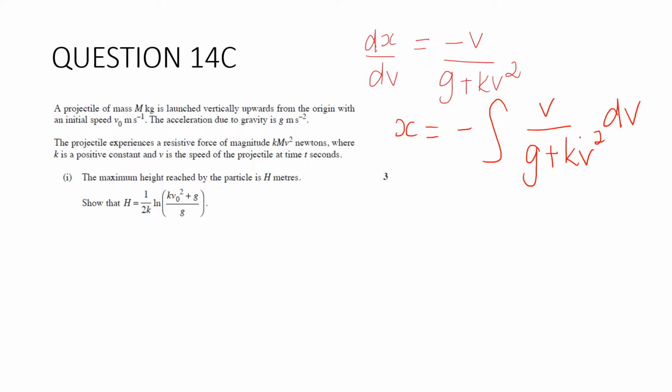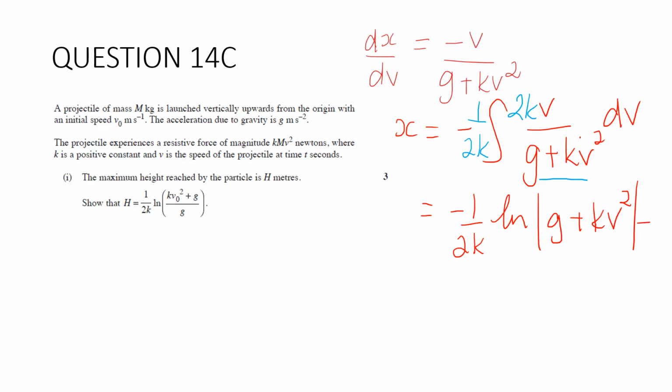All right, we've got a log here, base e, and we have the reverse chain rule. When we find the derivative of this, we get 2kv, so I'm going to need 2kv on the numerator. Let's adjust it with 1 over 2k out the front. That is equal to negative 1 on 2k ln(g plus kv squared) plus c.